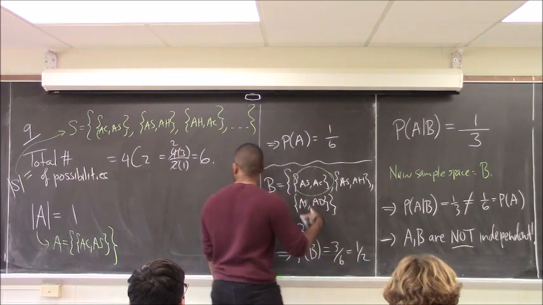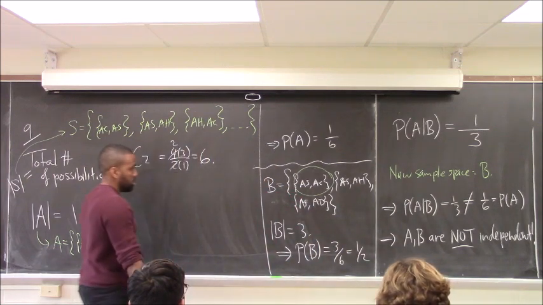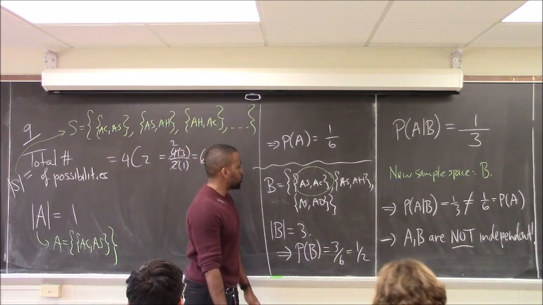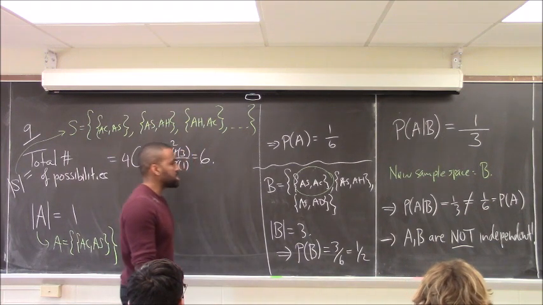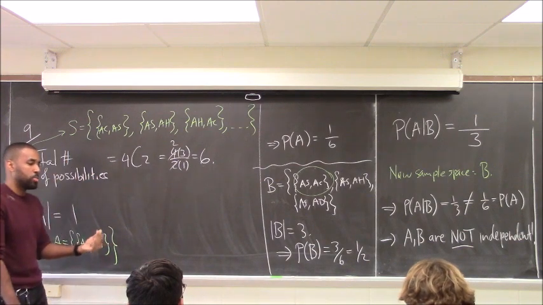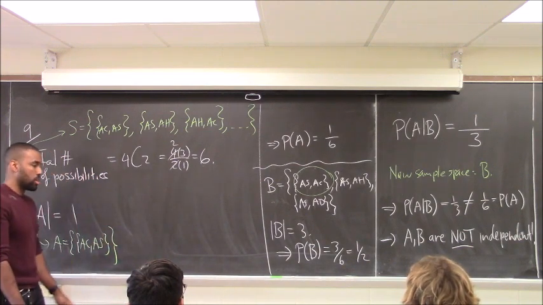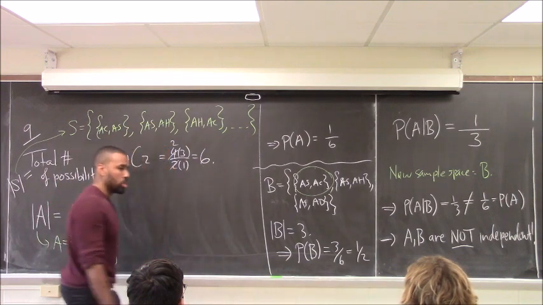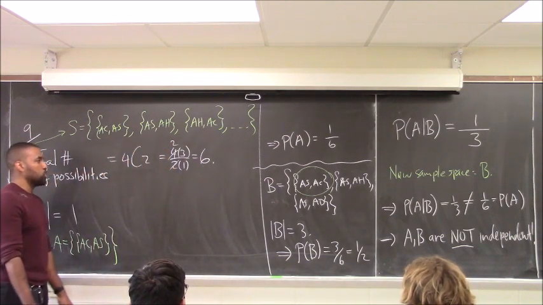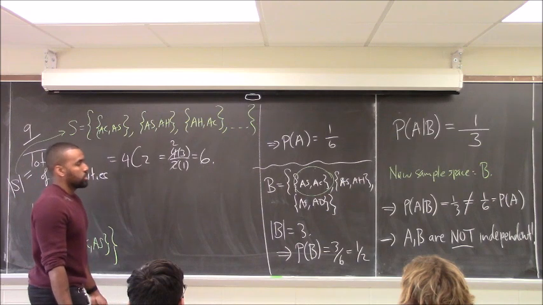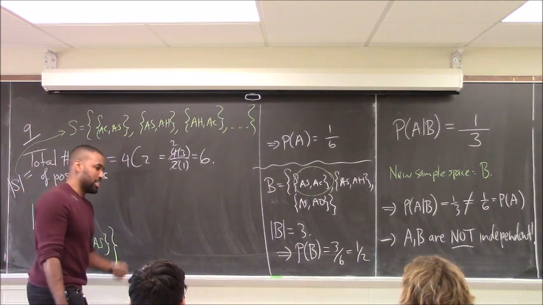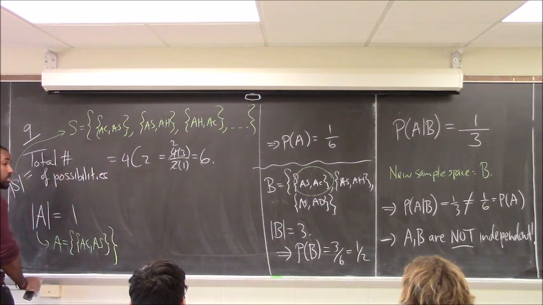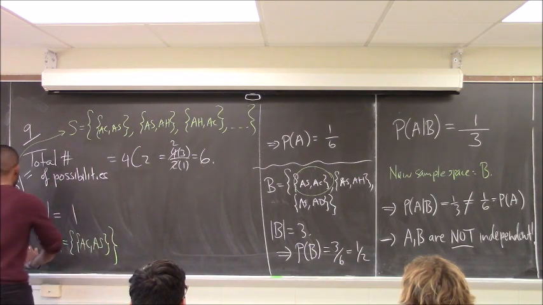You can't even see from here because literally having chosen the ace of spades makes it more likely for you to get the ace of spades and any other particular card that you pick because you already have one of them. It's kind of like the 2 girls problem that way, right? Getting 2 girls is harder if you had none to begin with as opposed to if you had 1 to begin with, right? So that's why these are not independent.